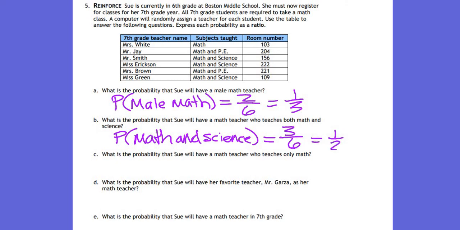So the probability is equally likely to happen. What is the probability that Sue will have a math teacher who only teaches math? So, only math. How many teach only math? 1 out of 6.